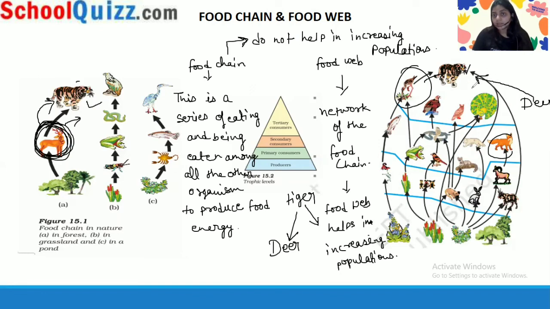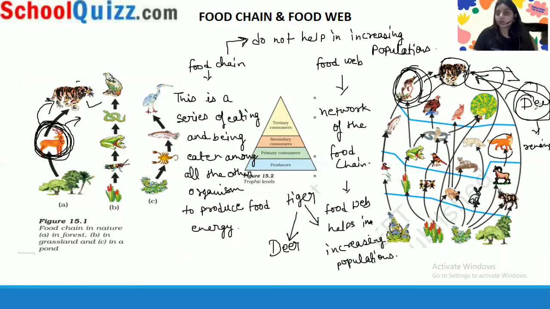So the tiger has options in the food web, like he can eat this organism, and he can also eat this organism. So for some time he can choose this, and not choose this. So you can see here, this particular organism remains, and the population of this organism will increase if it is not chosen once or thrice or ten times.